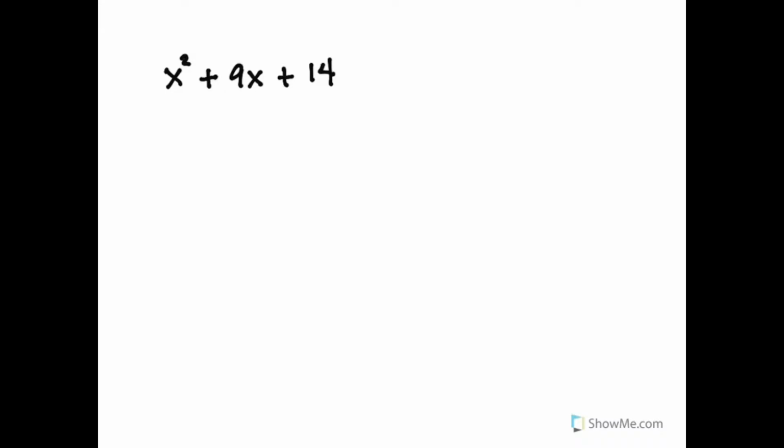Let's factor x squared plus 9x plus 14. The first thing we're going to do is set up space for our two binomials. And since the first term is x squared, each binomial is going to begin with x. Now I need to find the two numbers that go with x in each binomial.